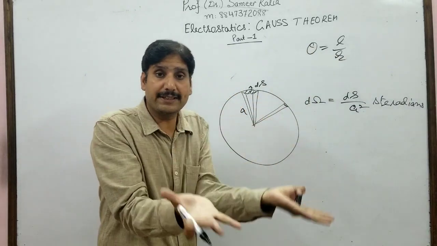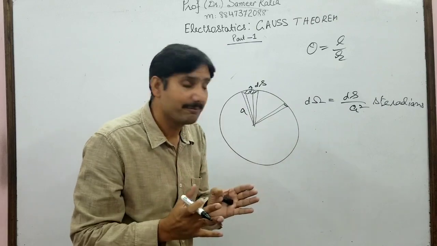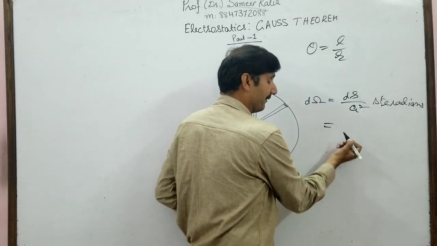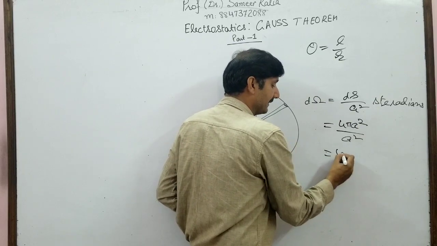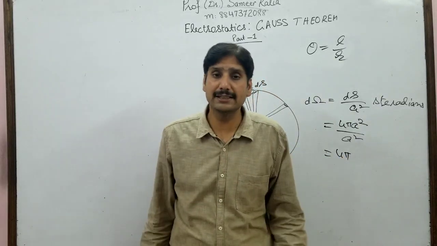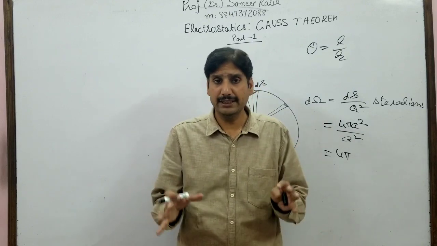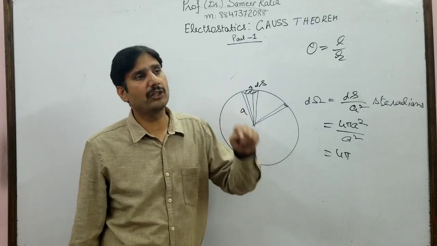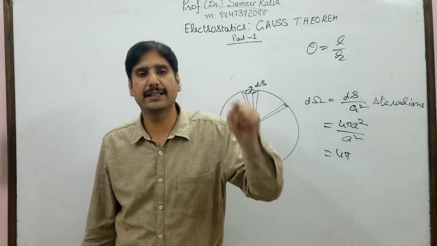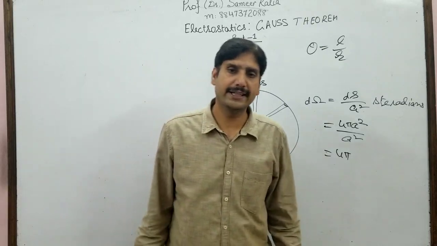The total surface area divided by the radius square. The total surface area of a sphere is 4 pi a square divided by a square. So what is the total solid angle subtended by a sphere at the center? It is 4 pi steradians.